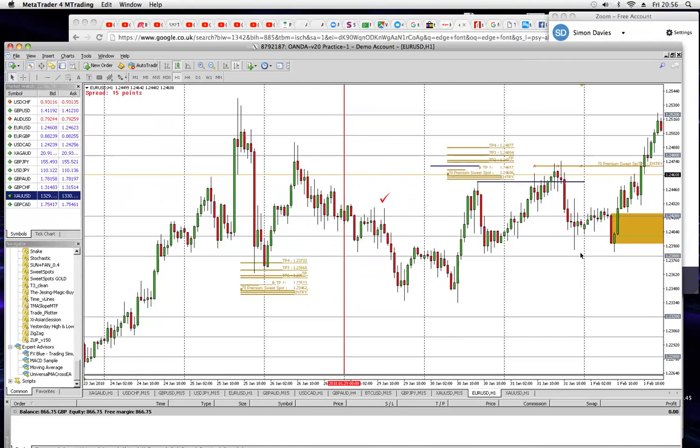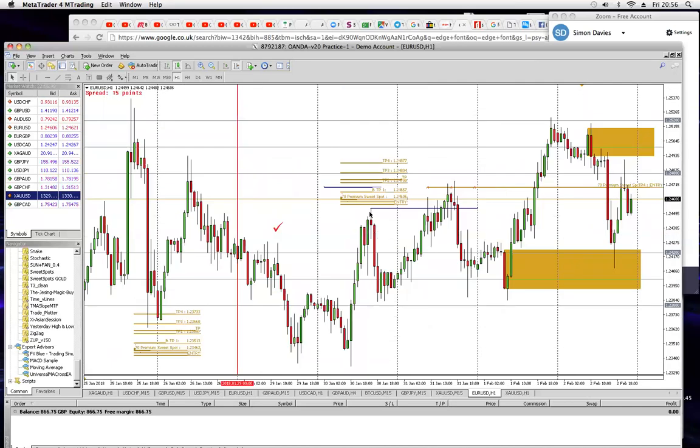And when it comes down, it takes stops, and then you just read it like that. Taking stops is also called a turtle soup. So when the market takes a high here and comes back into it, that's a turtle soup you can sell. But this is all basic ICT. It's quite advanced for retail-minded traders, but it's basic ICT.